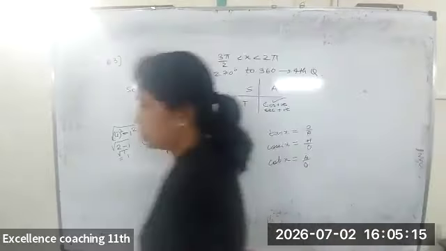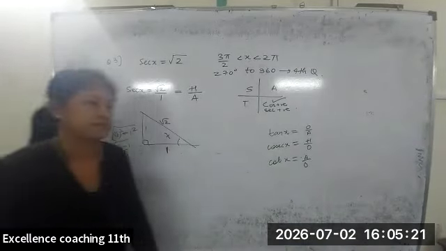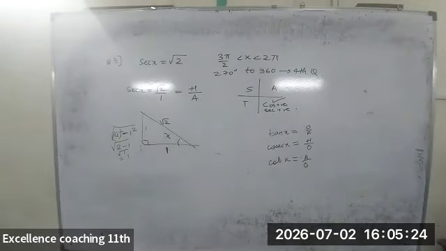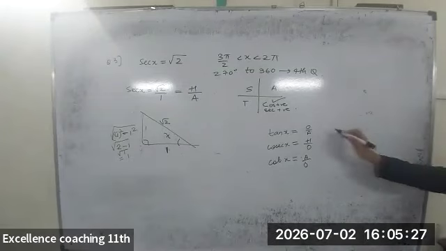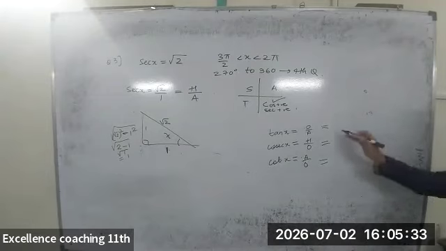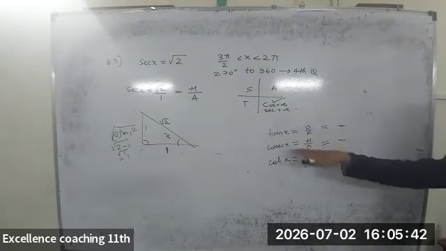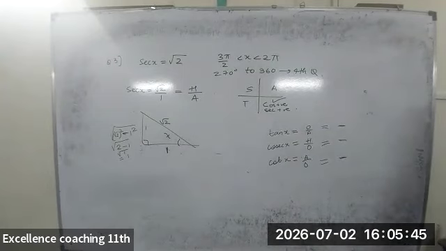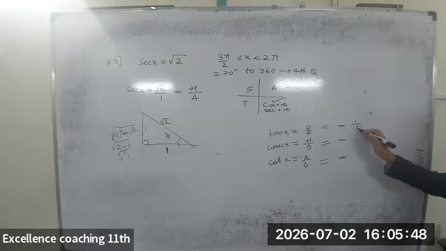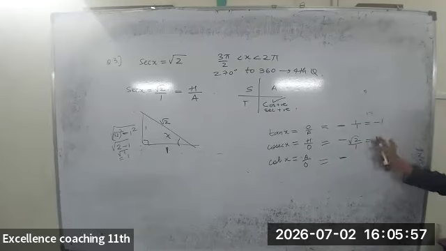Then put the signs, and don't forget to put the signs. Even if one positive or negative goes here and there, the entire problem will go wrong. So in the fourth quadrant, who is positive? None of them are there, no? All are negative, because only cos and sec are positive. So these all will be negative. So opposite upon adjacent, this is -1. Hypotenuse upon opposite, so minus root 2.